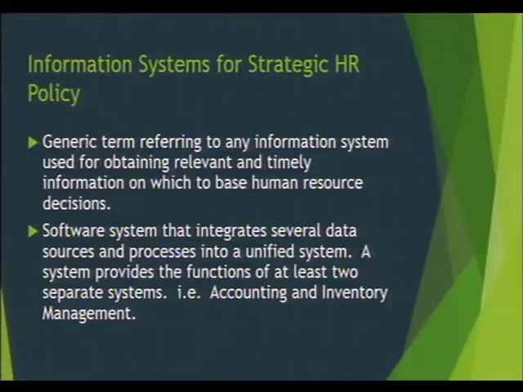Information systems for strategic human resource policy is a generic term referring to any information system used for obtaining relevant and timely information on which to base human resource decisions.